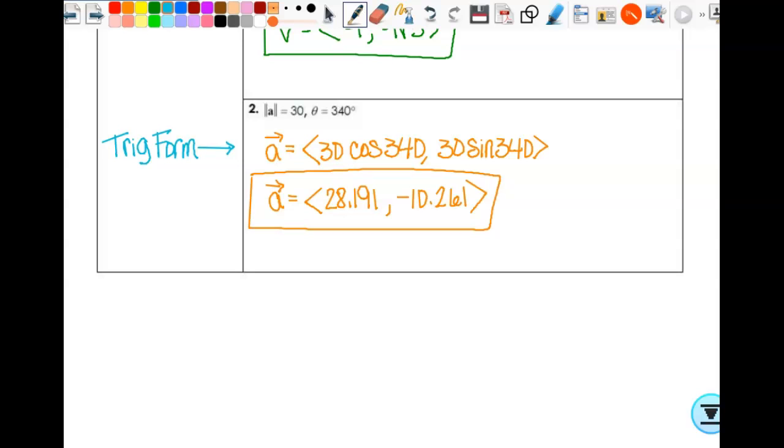But it looks like component form because it has the pointy brackets, but component form is just numbers. They could be exact values, but they're not going to have the trig words in them. This is your component form. Because remember, you have to know the words and what it's asking you to do so you can answer the questions correctly. We had to put it in trig form to get it to component form on this part. We good with that? Awesome.